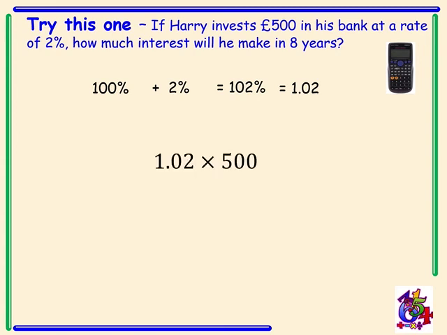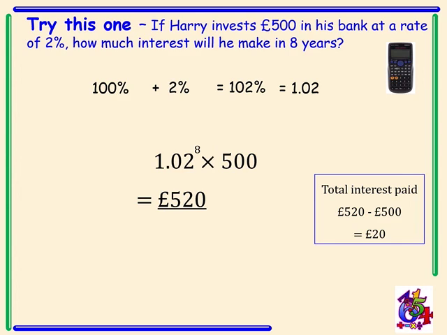Multiplying that by 500, but because it's 8 years, we're going to put the 1.02 to the power of 8. He'll have in the bank £520 after 8 years, but we were asked for the interest. So to find the total interest that was paid to Harry, we do 520, take away 500, which is £20 interest Harry made.